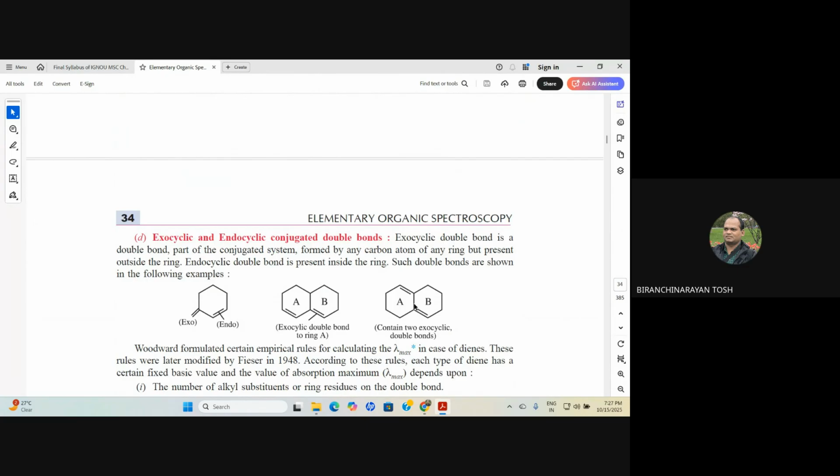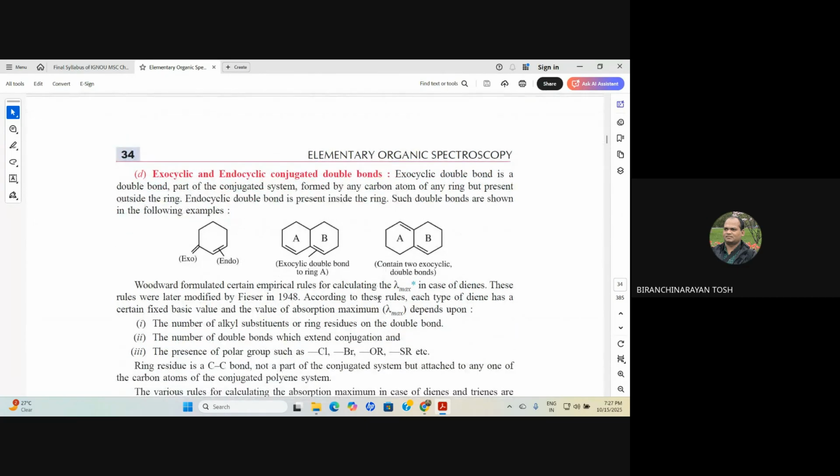Okay, so for this type of systems, Woodward formulated certain empirical rules for calculating the lambda max. And these rules were later on modified by Fieser. So according to these rules, each type of diene has a certain fixed basic value. We have to fix the value, then we have to go on adding, then we will get the final absorption maximum where it will be absorbed.